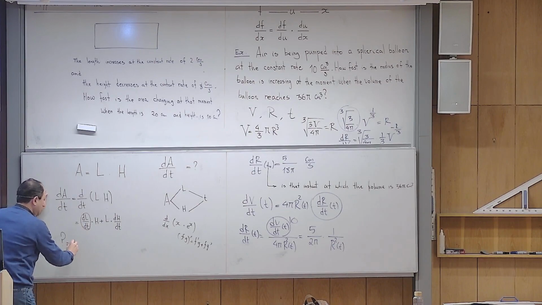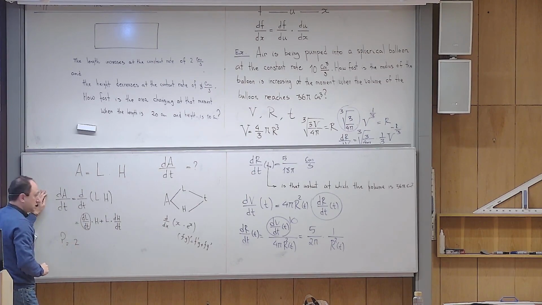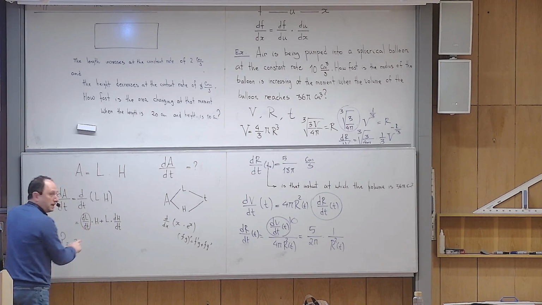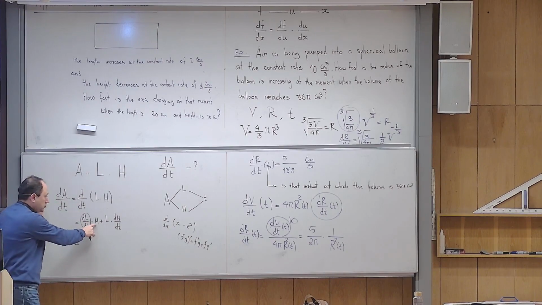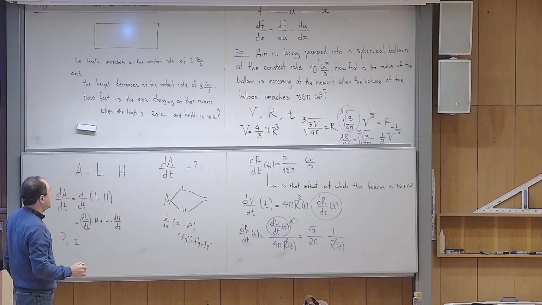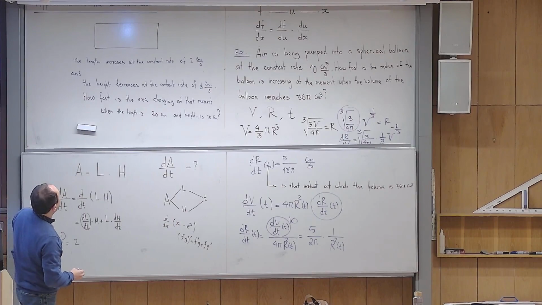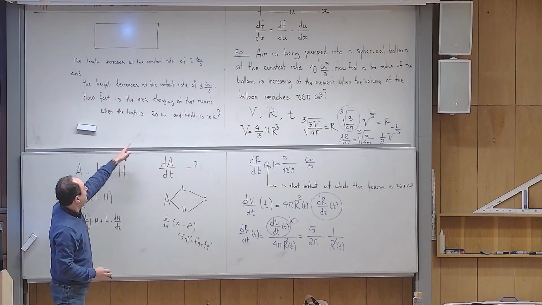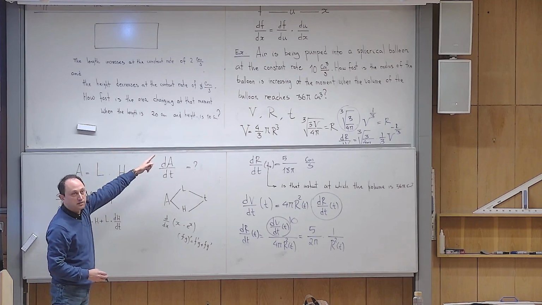So dL/dt is 2. But what is h? Again, the same story. H depends on which instant of time you are looking at it. But it is given at which instant of time? Oh, I haven't given you that information. Yes, I have given you. When the length is 20 centimeters and the height is 10 centimeters.